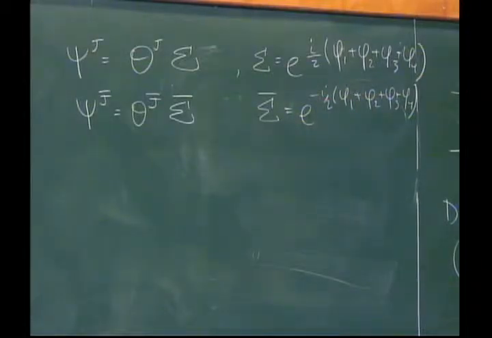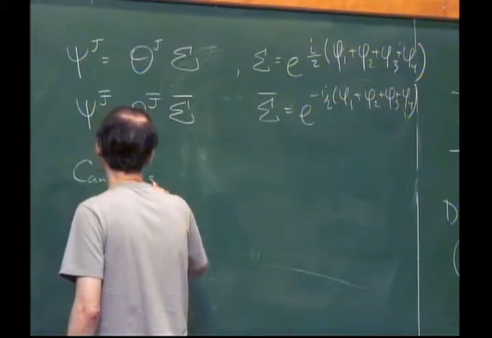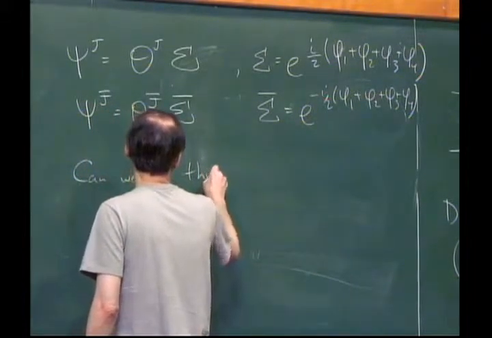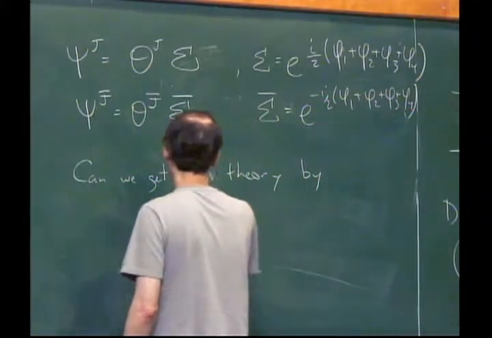And now the idea is, can we get this light cone gauge theory, which has n equals 2, by gauge fixing some covariant theory? So that's the goal of the rest of the talk.